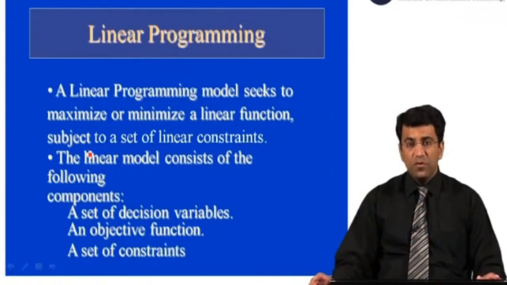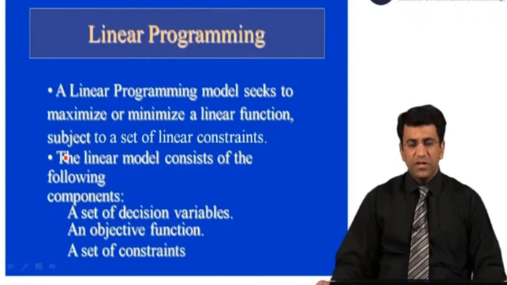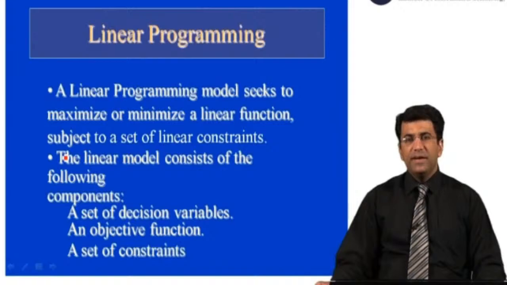That is the most important function, and after learning linear programming, we will try to find out our objective, and we will try to represent it in the form of a mathematical equation. So that is the second important component, the objective function, that is either profit maximization or cost minimization.